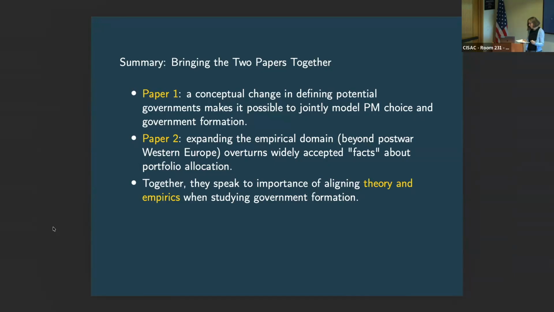True. We haven't really taken temporal variation into account other than by adding the interwar years. And again, the challenge is trying to think of what's different about the post-war era that is going to affect government formation.